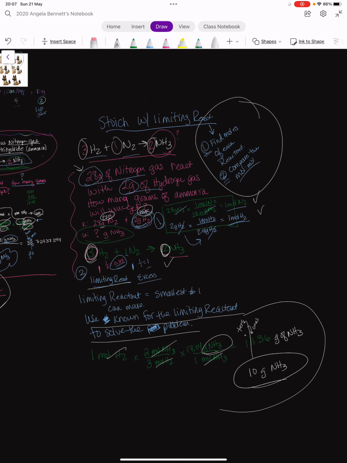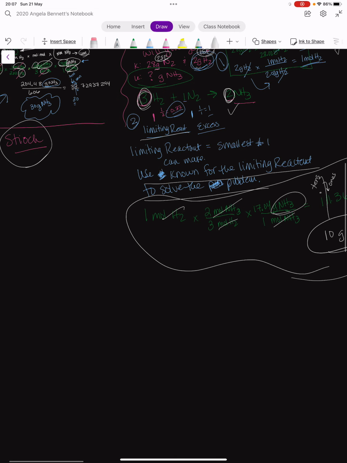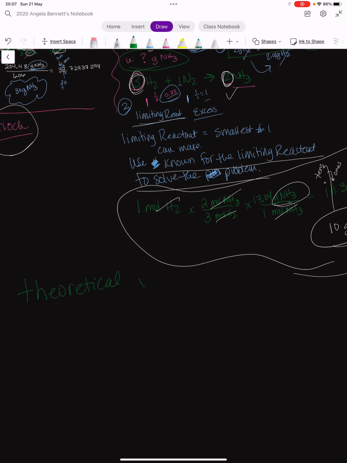Okay, so that is limiting reactant problems. So hopefully now you can go and solve your problems 4 and 5. There was some other vocabulary on there that I'll go ahead and tell you right now. You're going to see something called theoretical yield, and then there's actual.